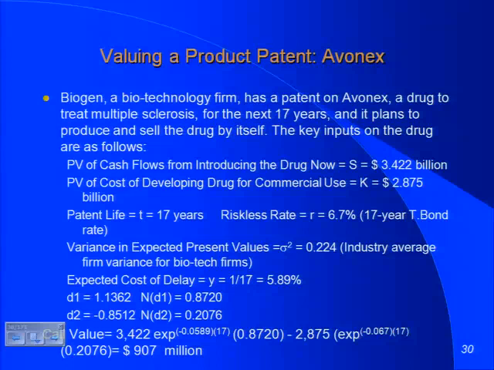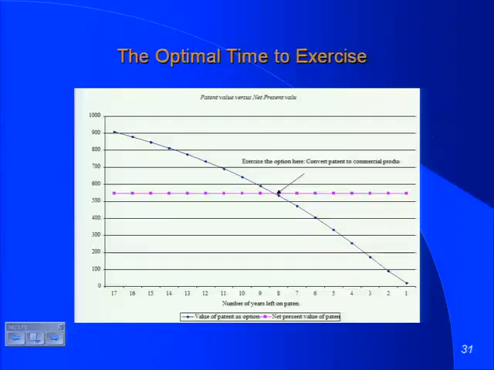Basically, this analysis says the value of this drug is $907 million, and two, don't develop the drug yet, right? Because the minute you develop the drug, what happens to its value? It goes to net present value, which if you have MS is bad news, right? Basically, you're sitting there saying, how come this drug is not coming out? We can wait. In fact, if I carry this through, and I track the values, this is holding S and K fixed.